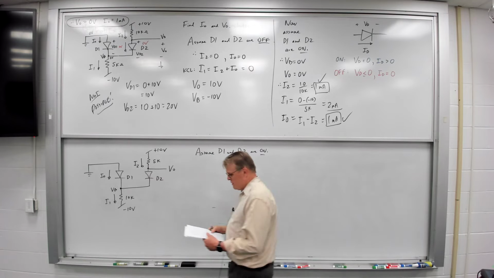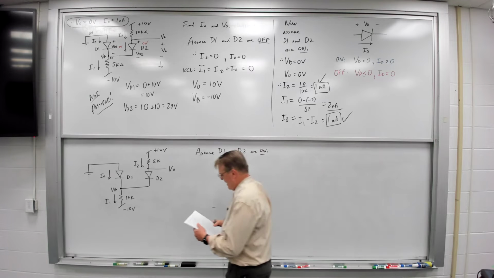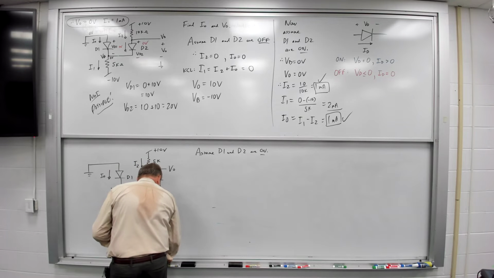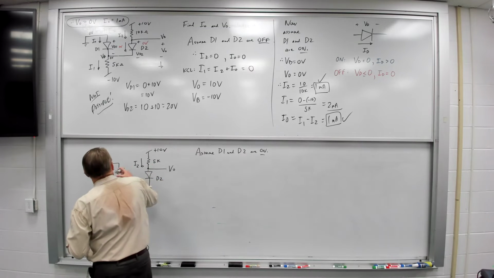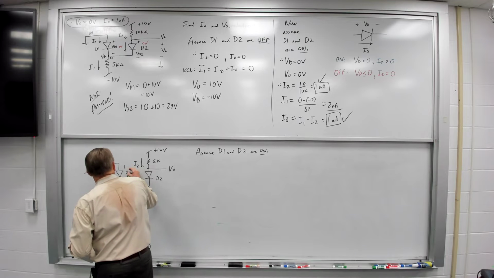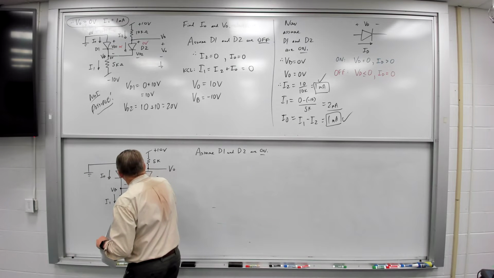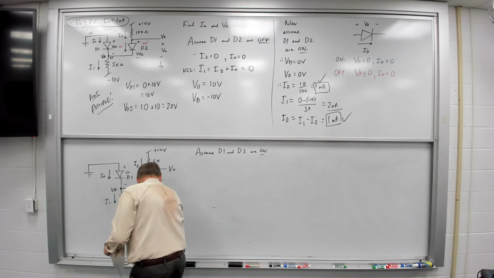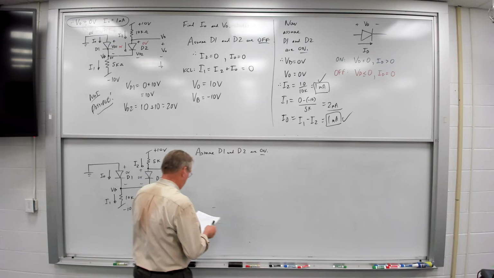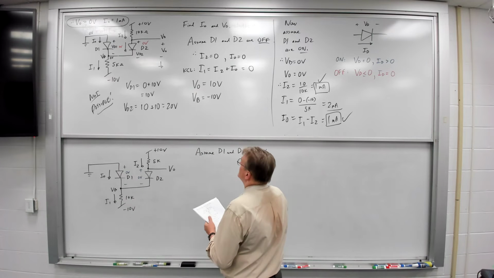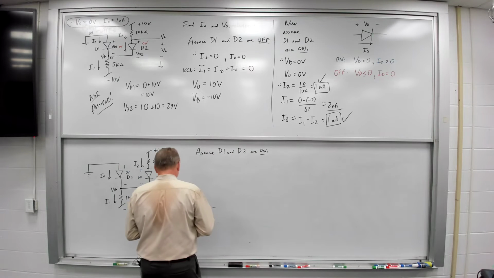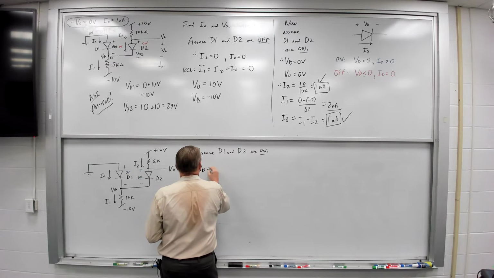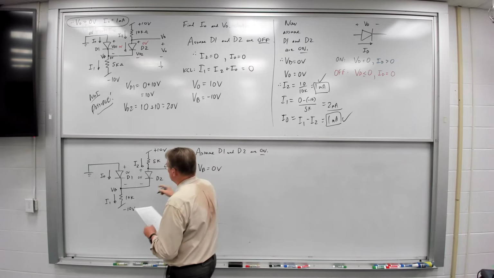So in this case, let's assume they're both on. And once again, if they're both on, then the voltage across this diode is 0 volts. The voltage across this diode is 0 volts, just as we did before. And now, first of all, VB is equal to 0 volts.